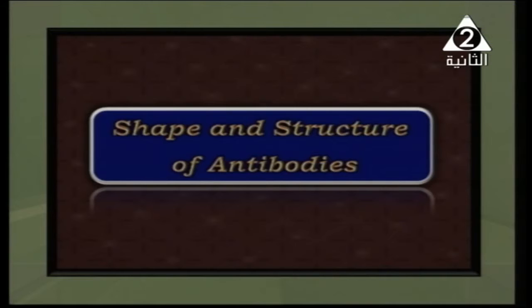After that, we need to study the shape and the structure of the antibodies. From here, I need you to focus and bring paper and pen, and concentrate on this part of the lesson. The shape and the structure of the antibodies. Number 1.